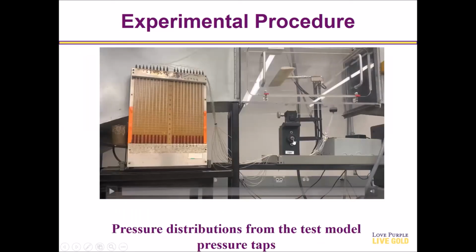Next, we will see the pressure distributions from the test model pressure taps. So here we will start the fan and you will see there will be some changes in the vertical manometer.